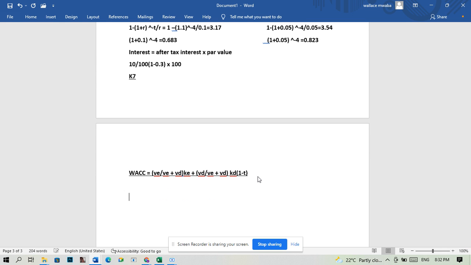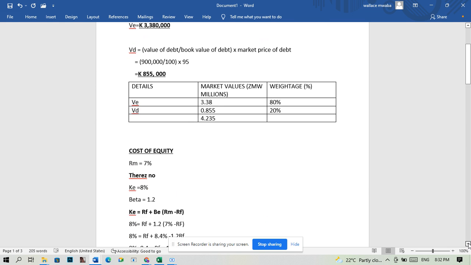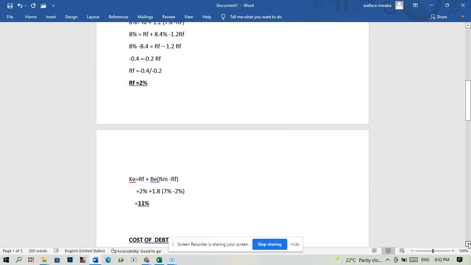So we just substitute. And so our VE was 3.38 over 4.235.